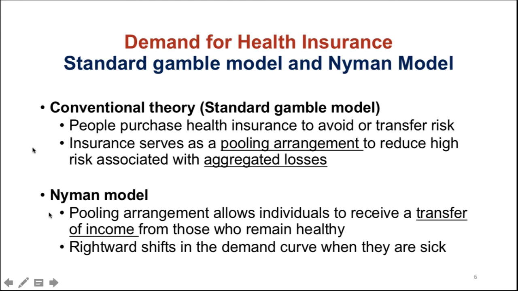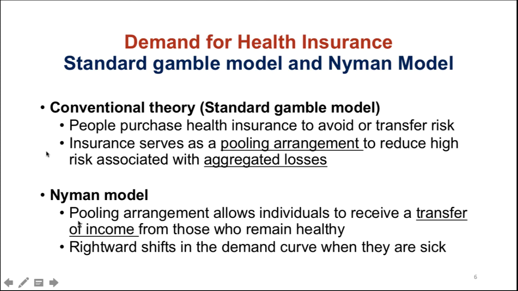So Neumann says this conventional model suggests that people act irrationally, because remember in economics we say that people always act rationally, making a decision up to the point where marginal revenue is equal to marginal benefit is equal to marginal cost. So Neumann says that when we look at this model, people are mostly risk averse, meaning that people are acting irrationally and not rationally, and they don't accept a fair gamble.